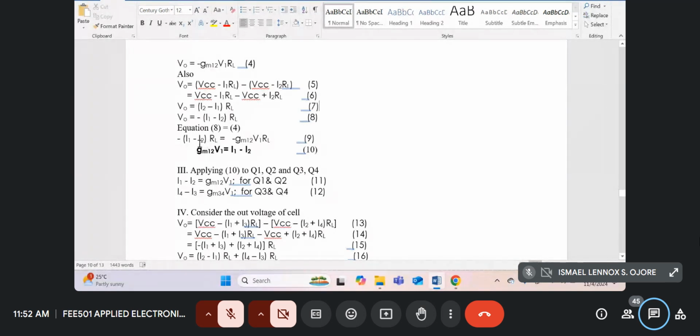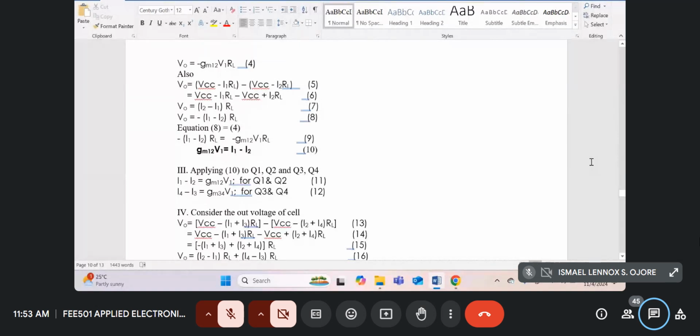So the minuses will go, and here I've just rearranged equation 9 and put the currents on the right hand side to get 10. But actually it's better if the I1, I2 was on the left hand side, because that's what we'll be using a lot.